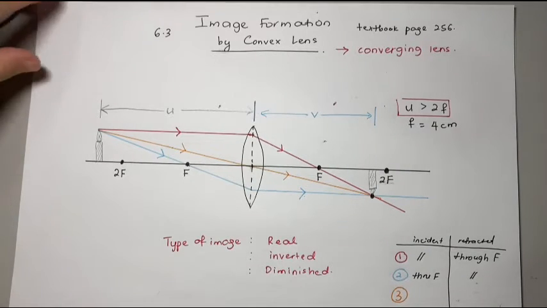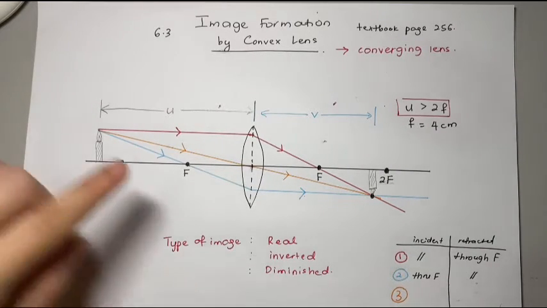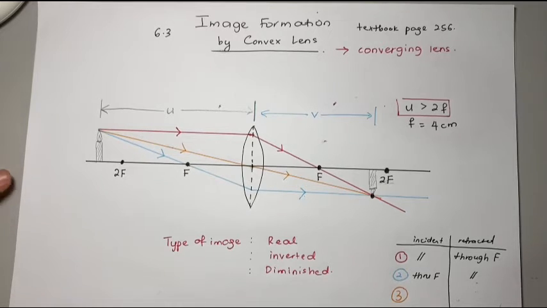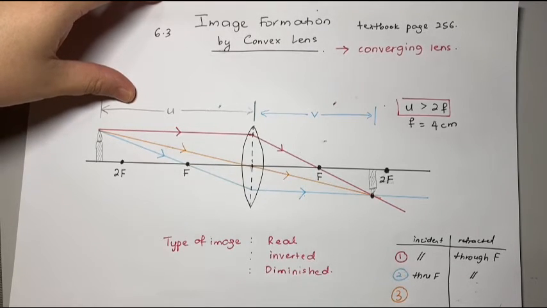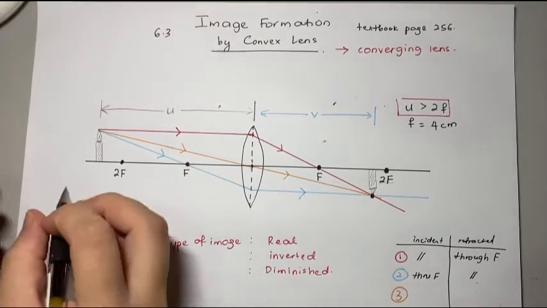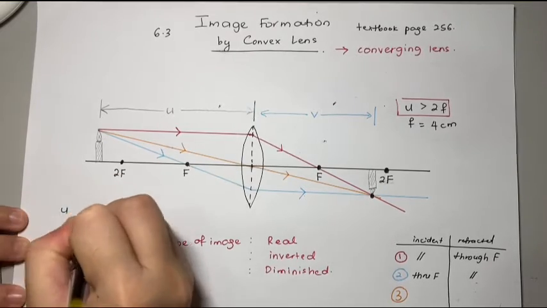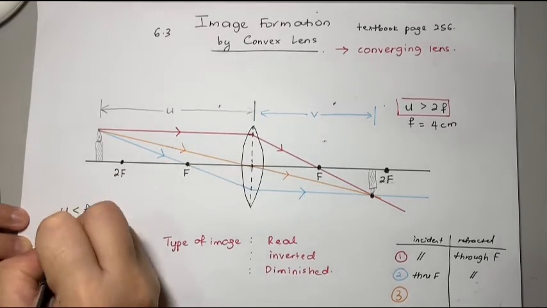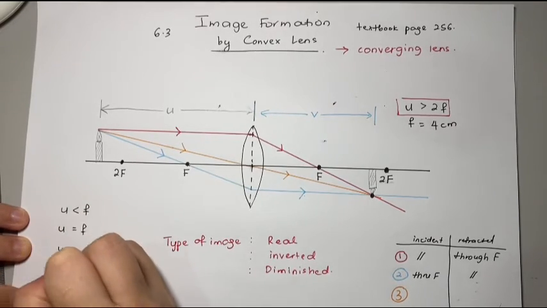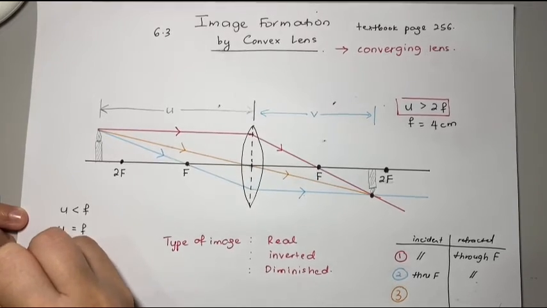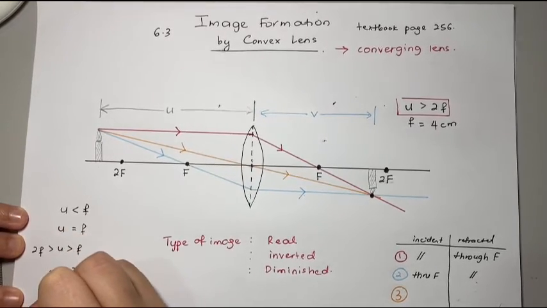Now what I want you to do is to continue drawing. Remember these three rays. Alright? I want you to draw and apply this understanding to a few different object distances, which are U less than F, U equals to F, U more than F but less than 2F, and U equals to 2F.